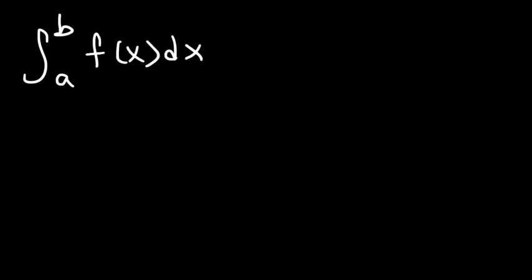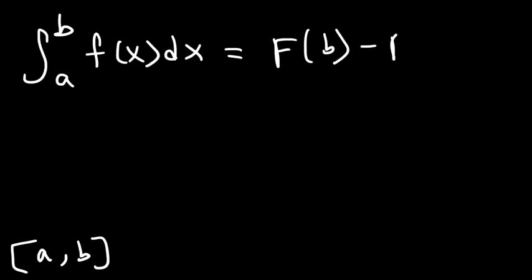Now, just to give you some background info, the process by which we evaluate the definite integral comes from the fundamental theorem of calculus. One part of it says the integral from a to b of some function f of x dx, where this function is continuous on a closed interval from a to b, is equal to the evaluation of the antiderivative, which is capital F, at b minus the evaluation of the antiderivative F at a.